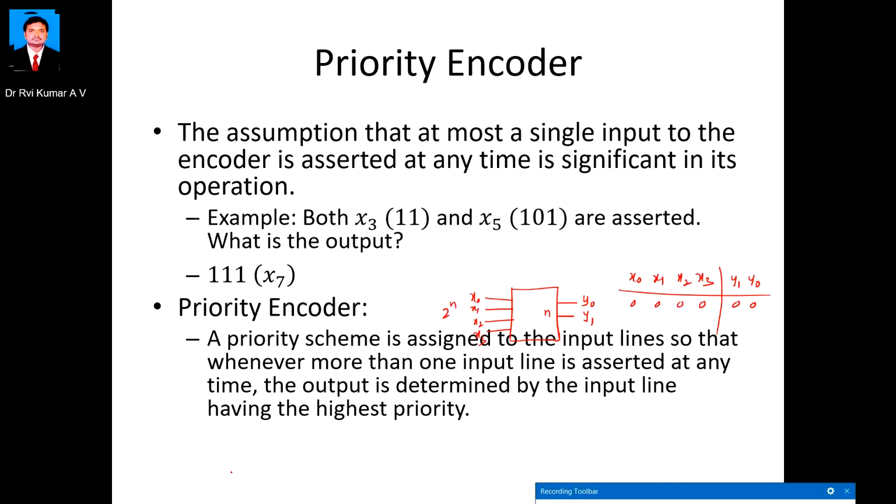The priority encoder is a scheme assigned to the input lines so that whenever more than one input line is asserted at any time, the output is determined by the input line having the highest priority.